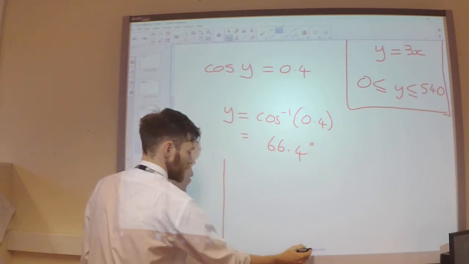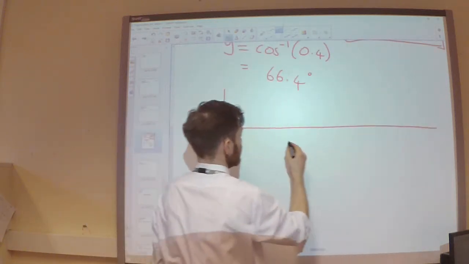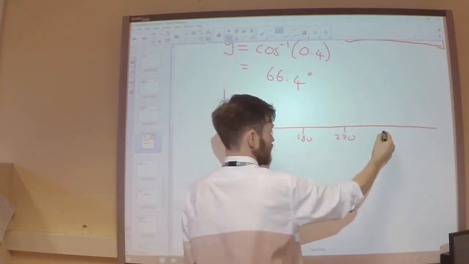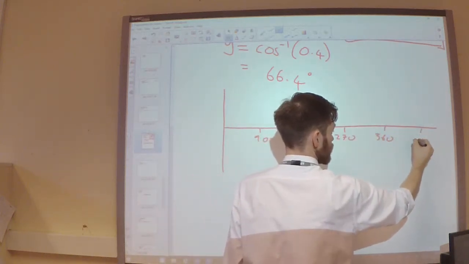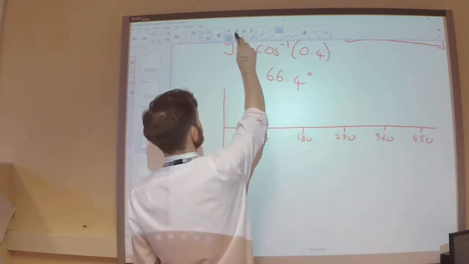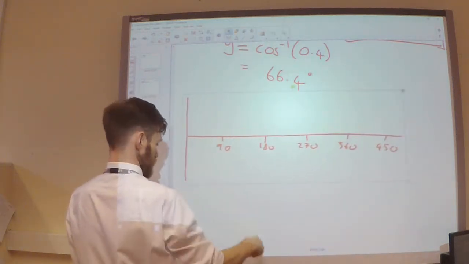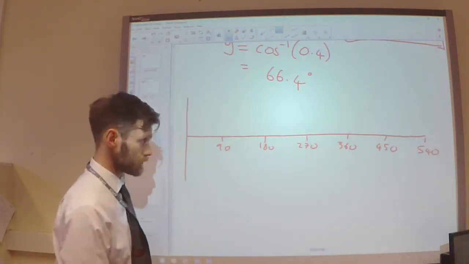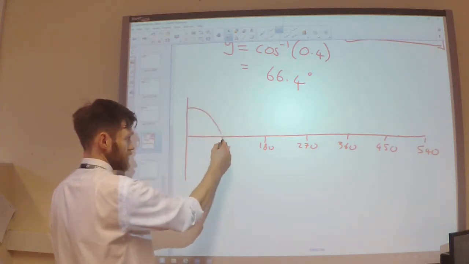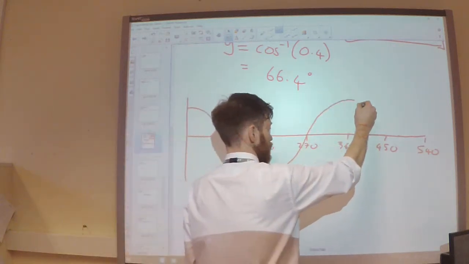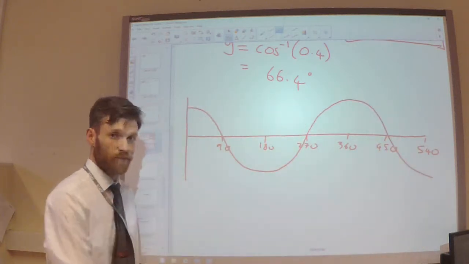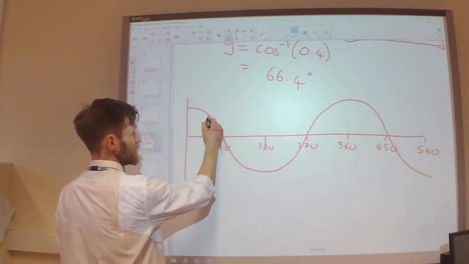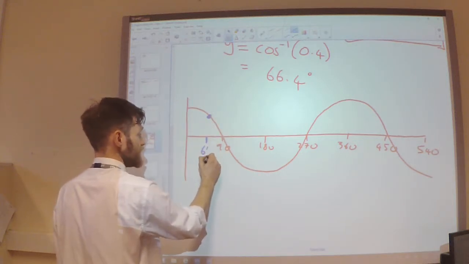So 90, 180, 270, 360, 450, I'm going to need a bit more room, and 540. Cos goes like this. There we go. Okay, so the solution that I already know was about here at 66.4.